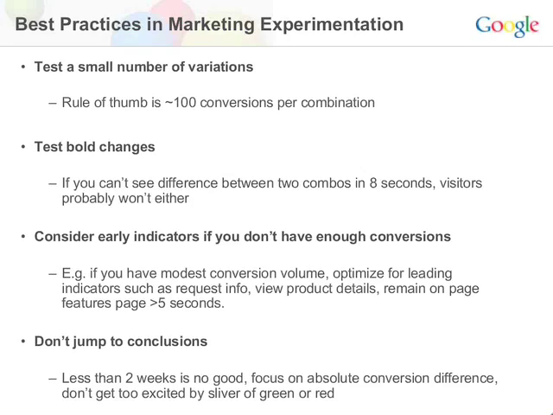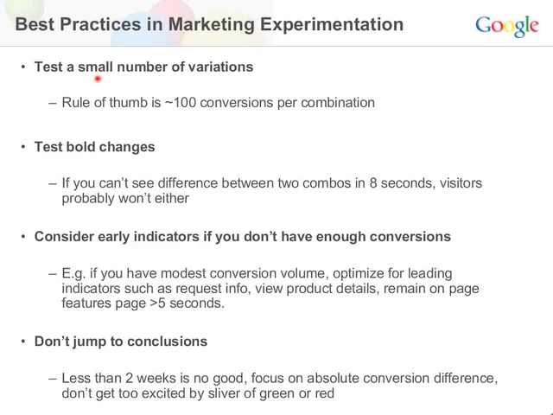So if there's one thing you take away from my section of this presentation, it's start small. Don't try to boil the ocean, because as efficient as the math can get, if you only have 100 conversions a week and you're trying to test 1,000 versions of a page, we're going to have to wait a long time to be able to tell you with any confidence which page is better.